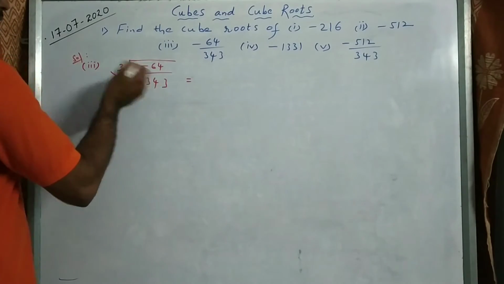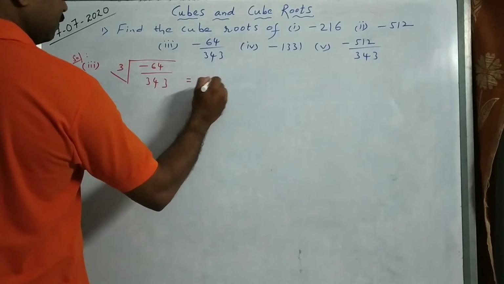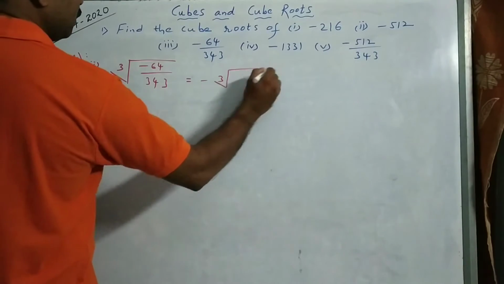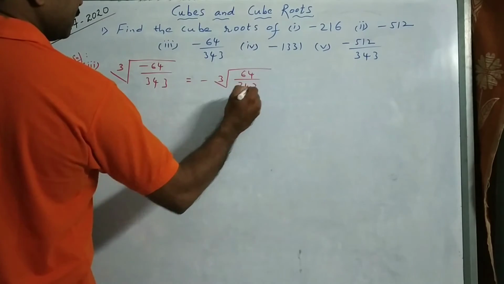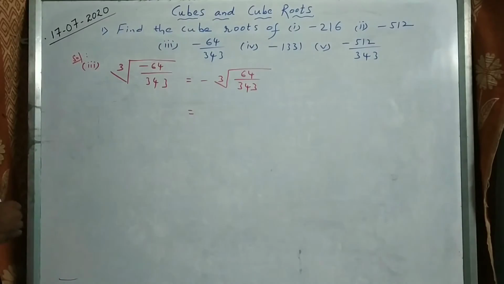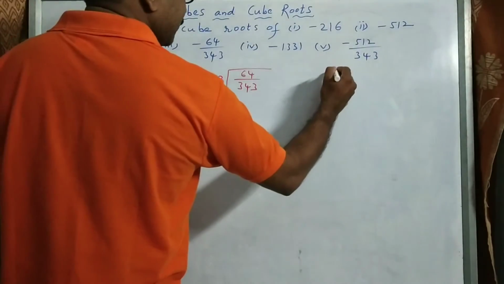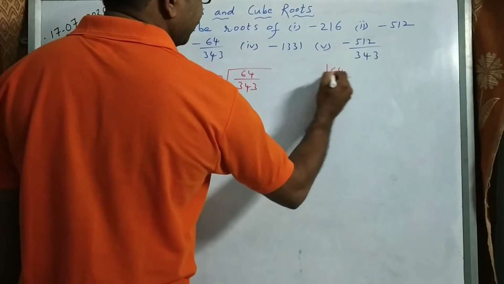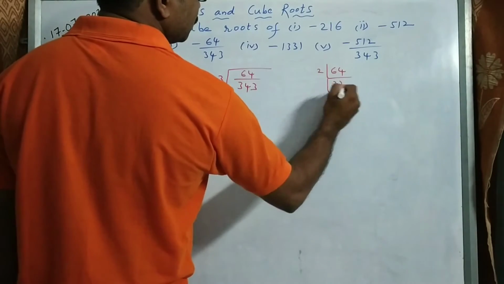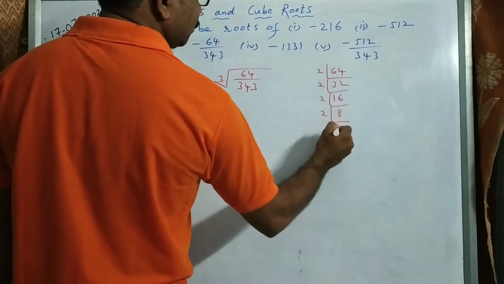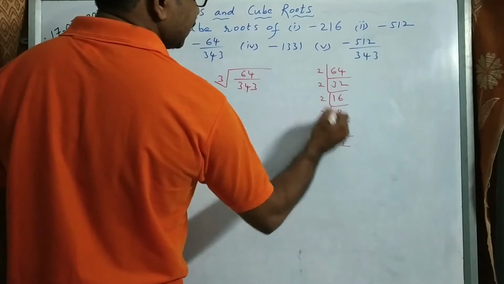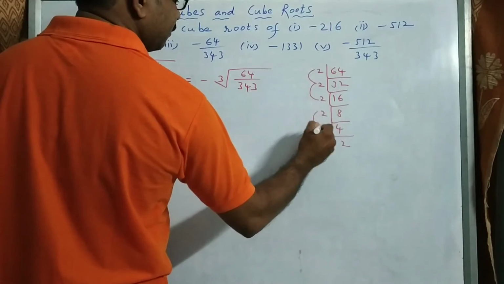Immediately I will bring that minus outside. First, cube root of 64 by 343. As I told you earlier, the cube root of a negative integer is always negative. Now 64, how do we write? 2 twos are 4, 2 fours are 8, 2 eights are 16, 2 sixteens are 32, 2 thirty-twos are 64. 1 2 3, 1 2 3.